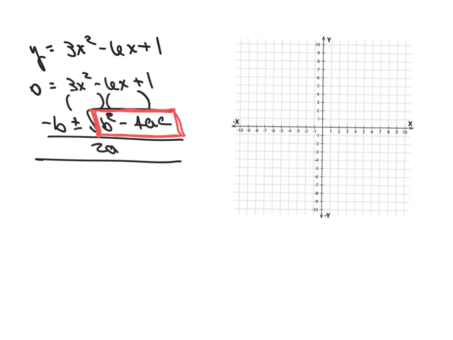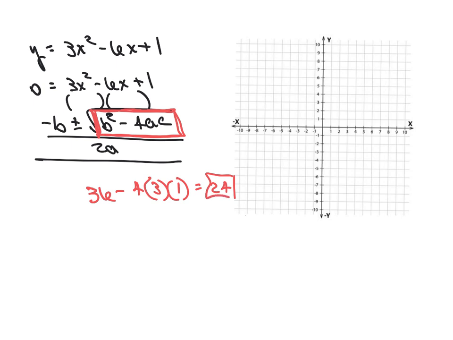Okay, so let's see. b squared, that's going to be negative 6 squared, which is going to be 36, minus 4 times a times c, which is 1. That gives me 24.